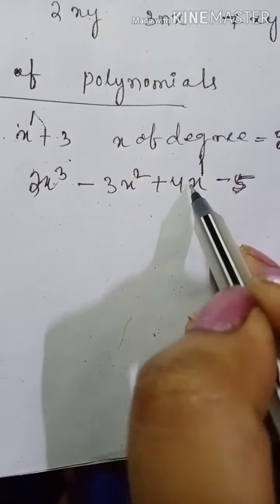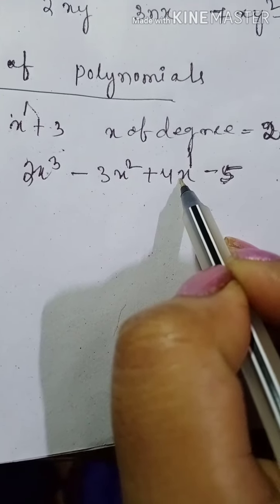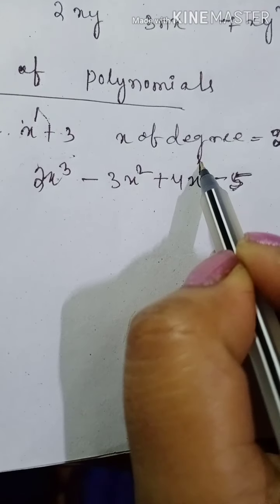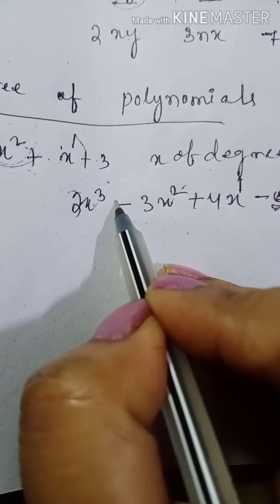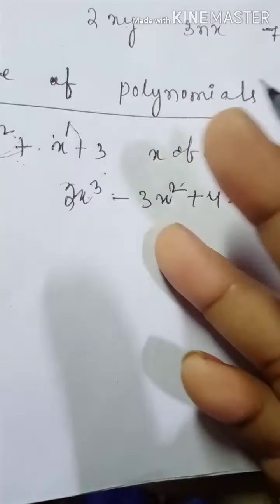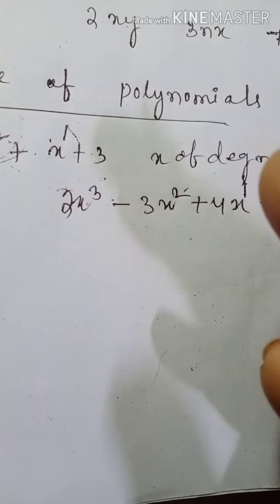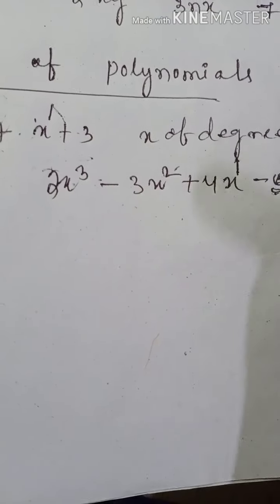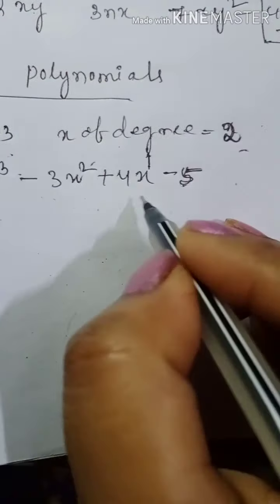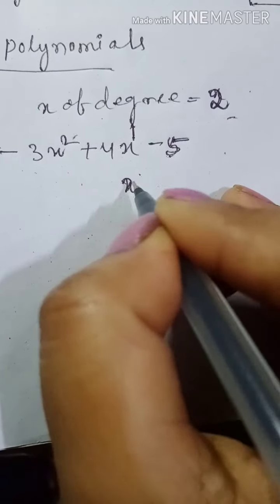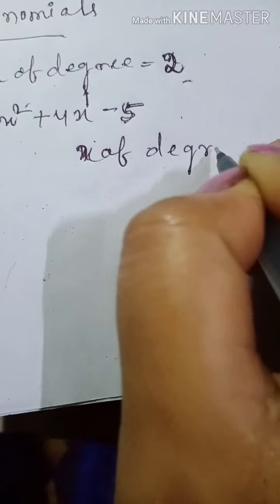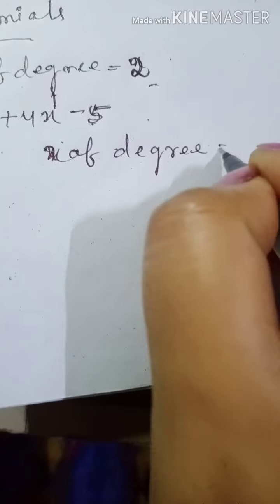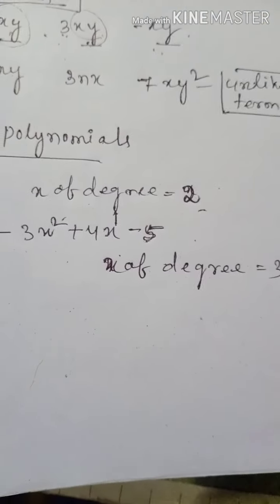So leave it. In 4x, the degree of x is 1. Power of x is here 2. Power of x is here 3. Which x has the highest power? That is 3. So the degree of x in this polynomial is 3. Clear?